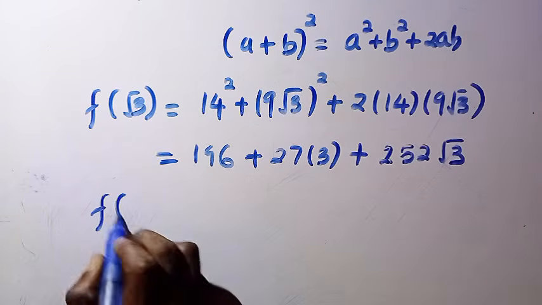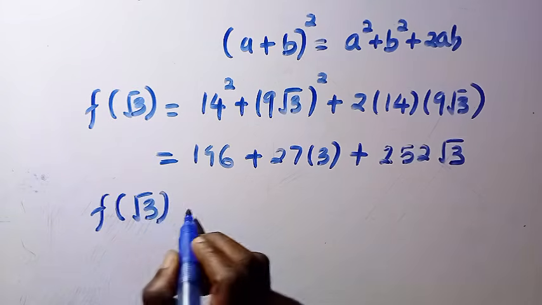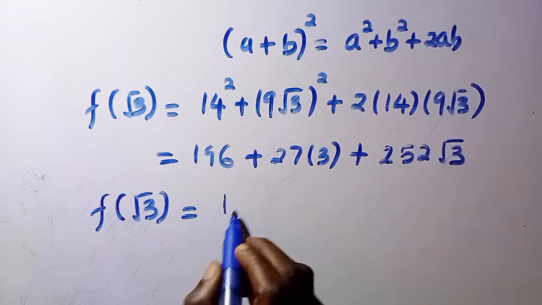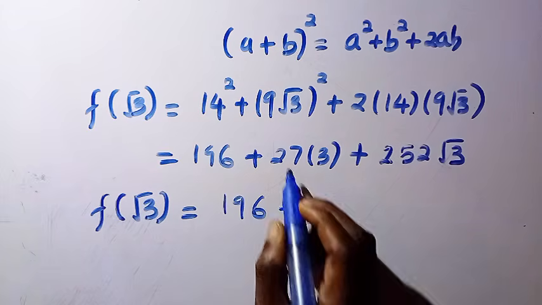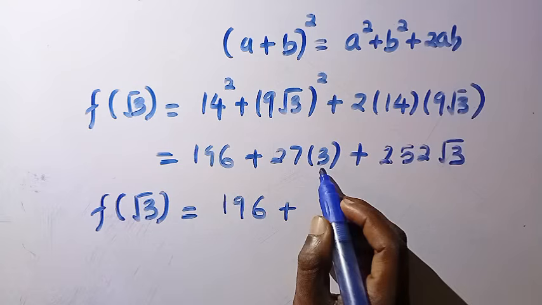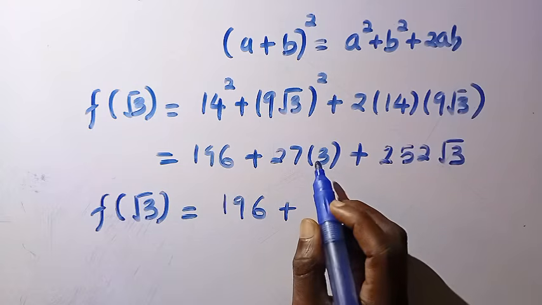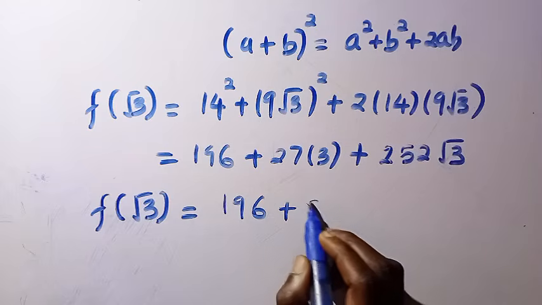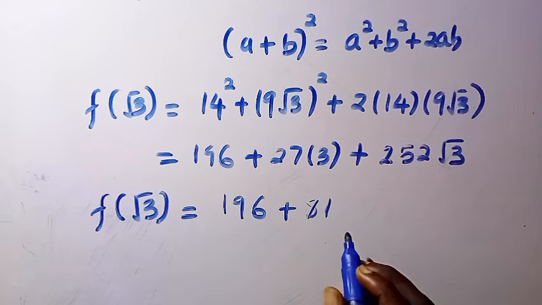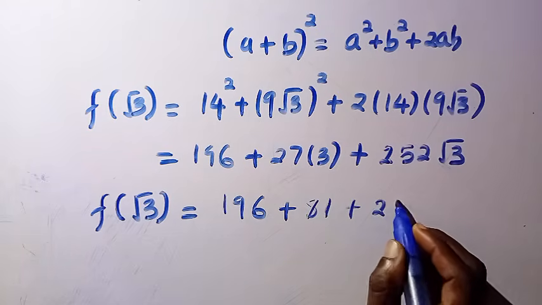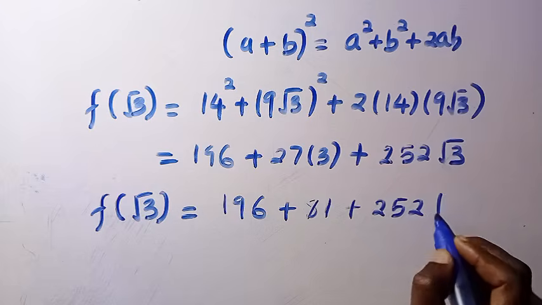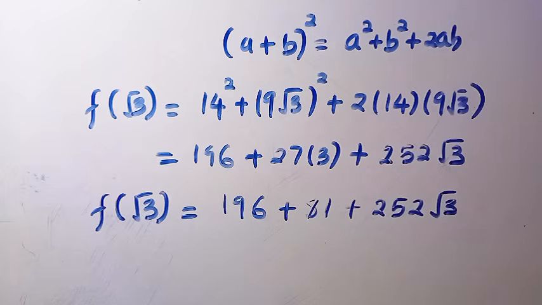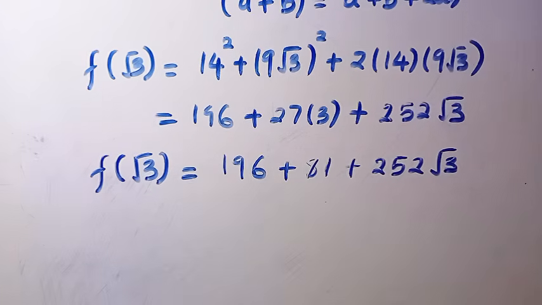So f of root 3 equals 196 plus 9 squared multiplied by 3.